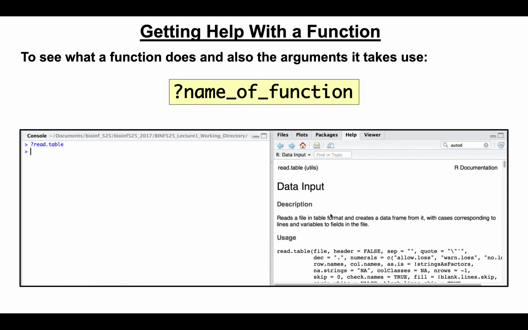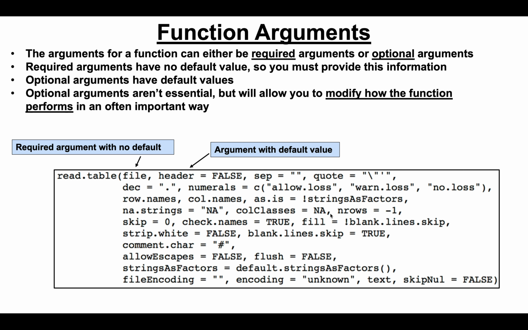So let's jump back here. There's actually a lot of information here, and it's maybe a little overwhelming because it's kind of a wall of text. But the key thing to know when you're looking at the help documentation for a function, and looking at the arguments, is that there are two types of arguments: required arguments and optional arguments.